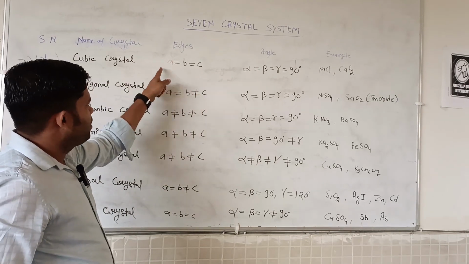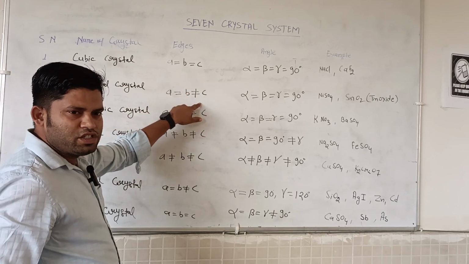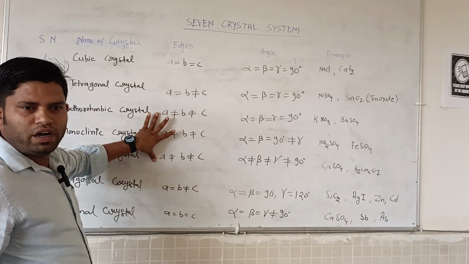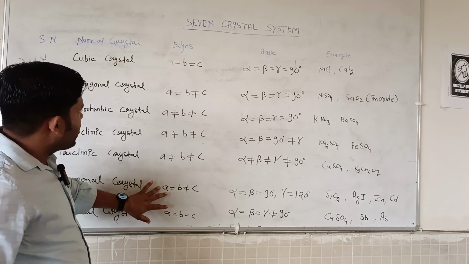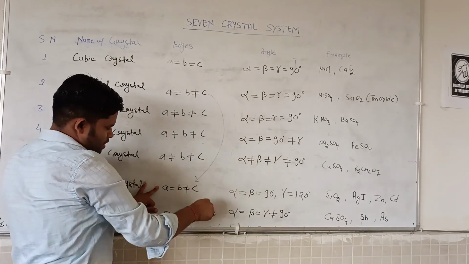a, b, c all are equal; a, b equal but c is not equal. Again three continue, not unequal. Last, repeat this thing here and repeat the last thing here.